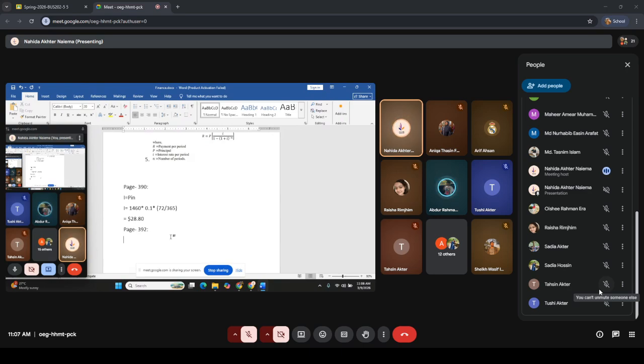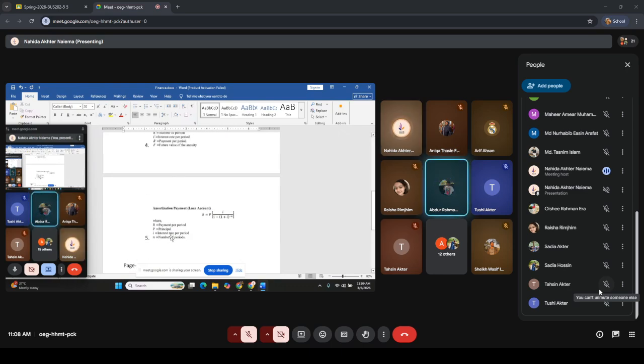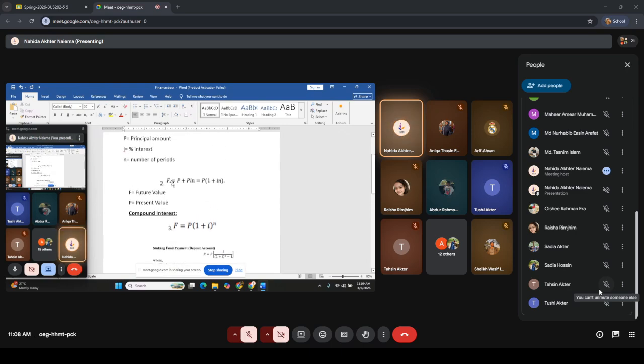If it is not mentioned that it's compounded, then it will be simple interest. So since in here it's not mentioned whether it is compound interest or simple, it will be simple interest. So simple interest formula কি ছিল? Future value is equal to present value times 1 plus in.